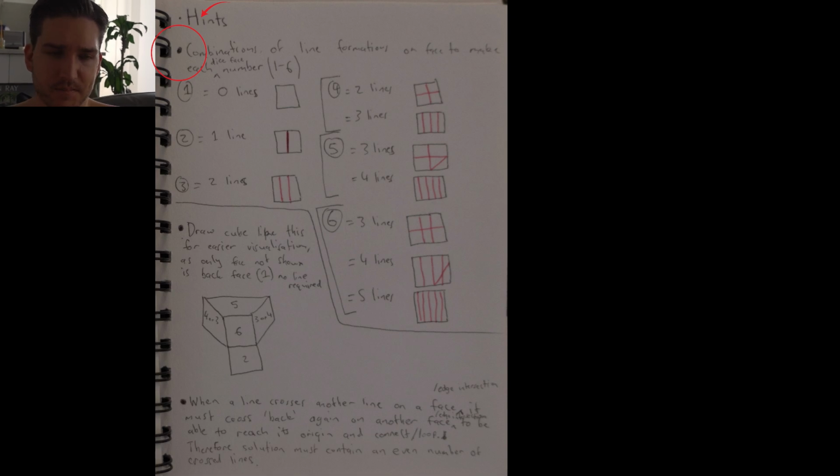So hint 1 is the different arrangements of lines on a face which can equate to a certain number on the dice. There's only a finite number of arrangements, and they are seen here.